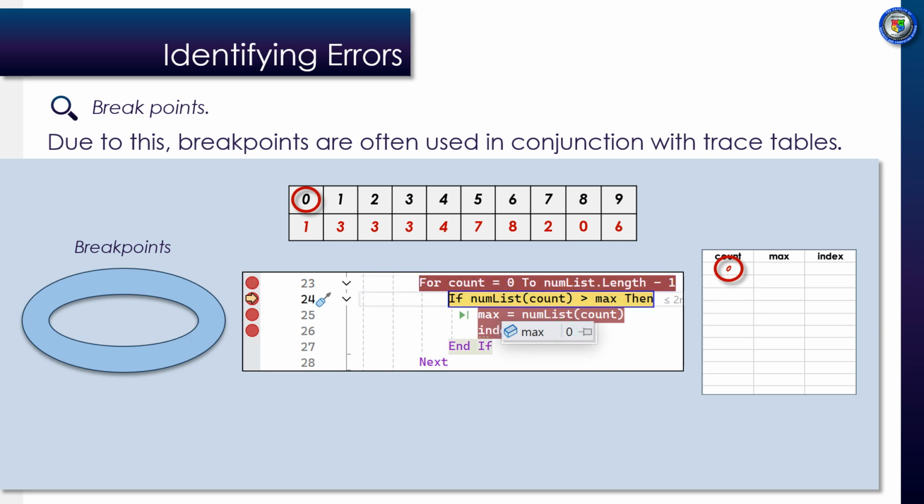Moving to line 24, where we see number list 0, if that is greater than max, then we would insert that value as max, which is 1 in this case because it's the first value.